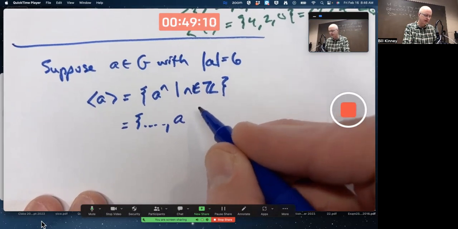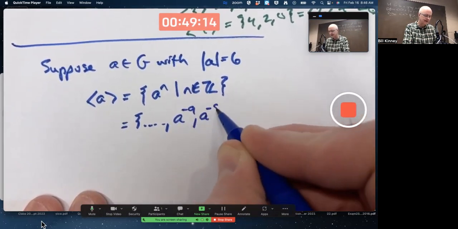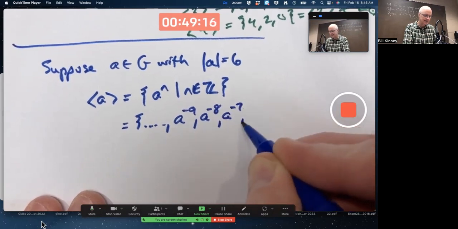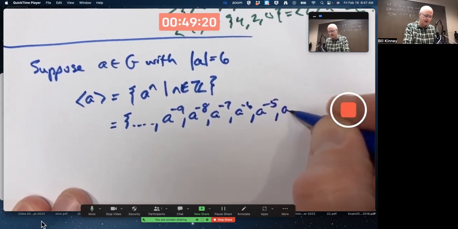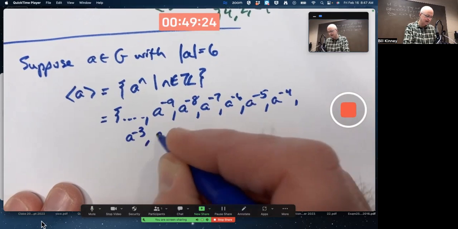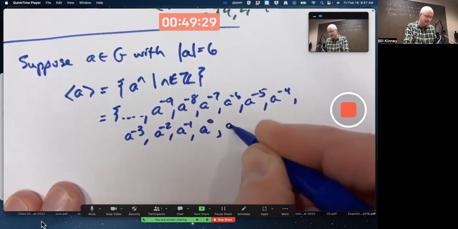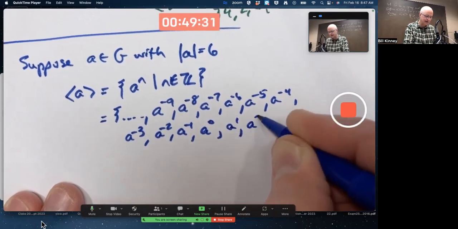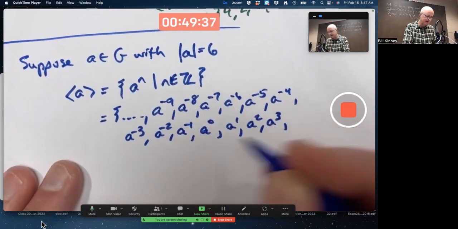Let's start with maybe -9, then -8, then -7, then -6, -5. Bear with me. Go ahead and write all this. I think this is worth doing. You could say this is what the cyclic subgroup of G generated by A equals, by definition.